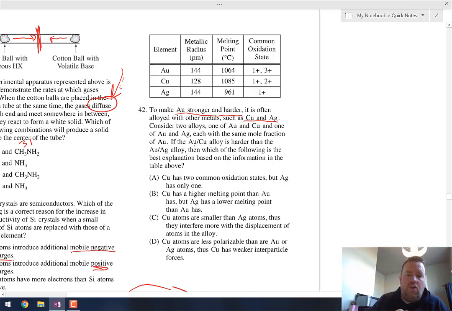If the AuCu, so the gold-copper alloy, is harder than the silver alloy, what's one of the reasons why that has to happen? So remember that we talked about with alloys, you can have substitutional alloys and you can have interstitial alloys. In this case, notice that copper is a smaller atom than silver or gold is.